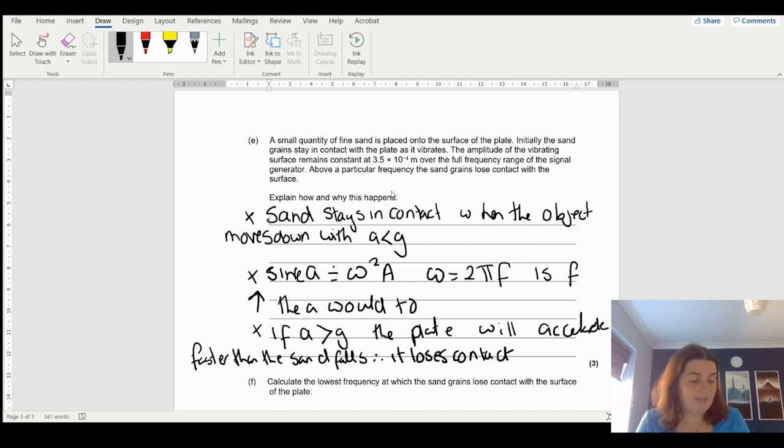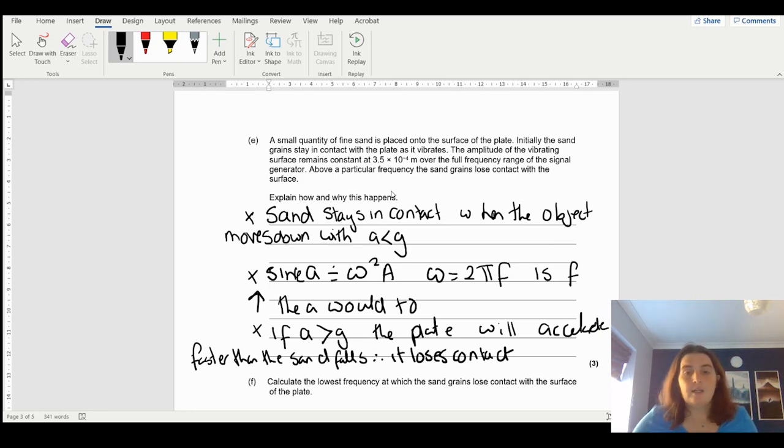So what's actually happening here is if they were both moving downwards at g, they stay in contact with each other. But if this plate was moving faster downwards than this, it would lose contact because there's nothing sticking them together. They are two separate entities.